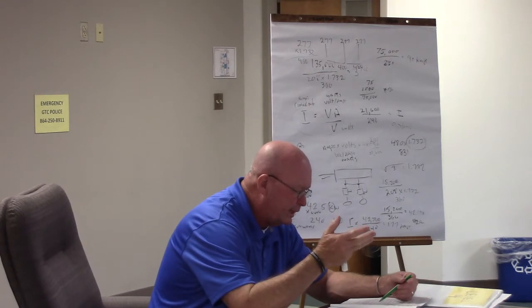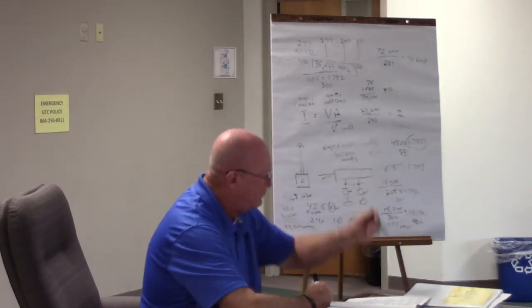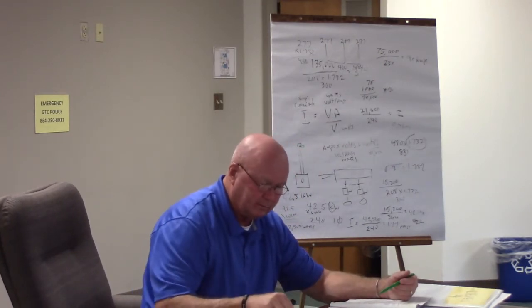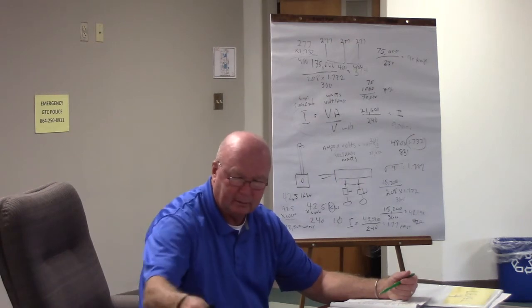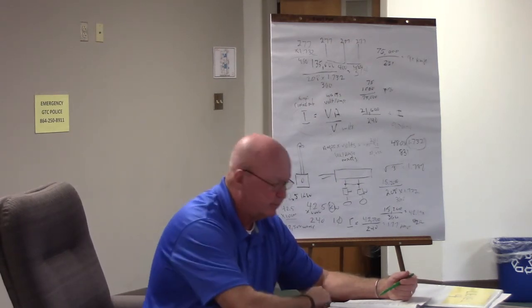So it actually asks us for the size wire on that one. So we're not done. We're down to 90. Now let's go to 310.15(B)(16) in our code book.